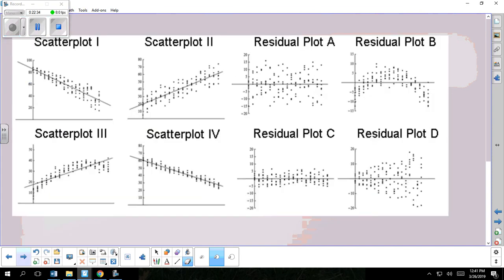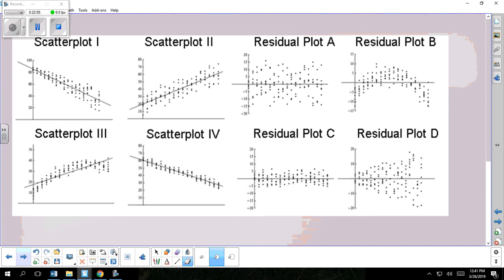All right, so let's look at these. I have several scatter plots here. Let's go ahead and match these up with the various residual plots. First, the easy one to pick out. Notice this scatter plot. Does a line seem to be a good fit?